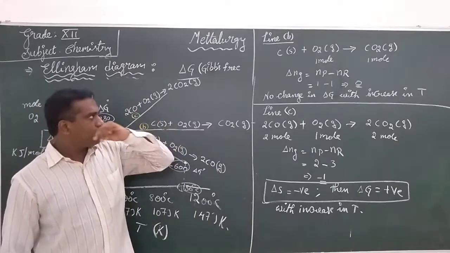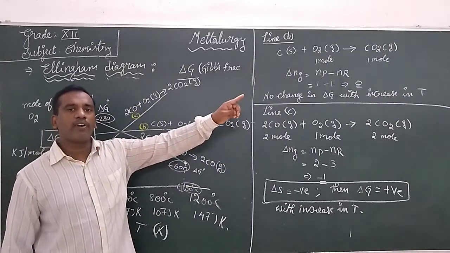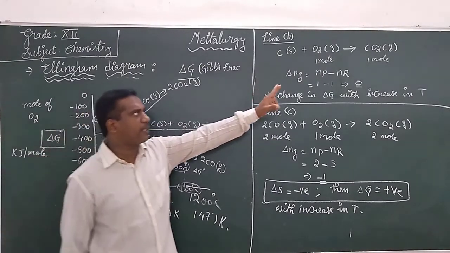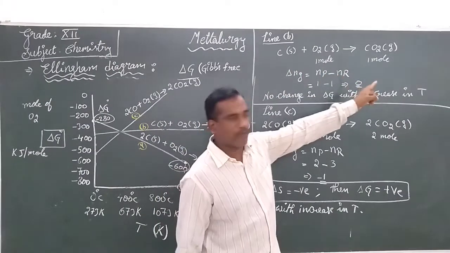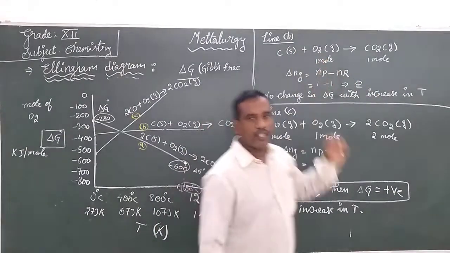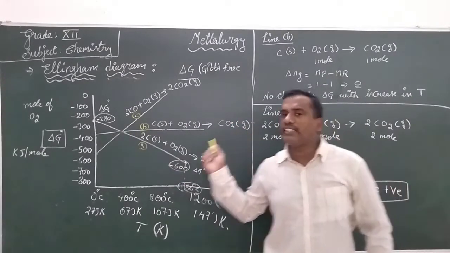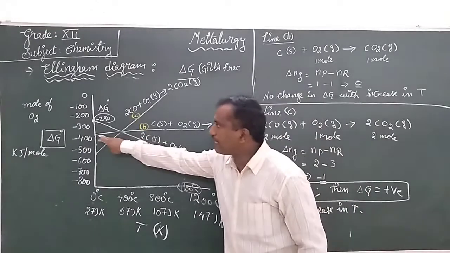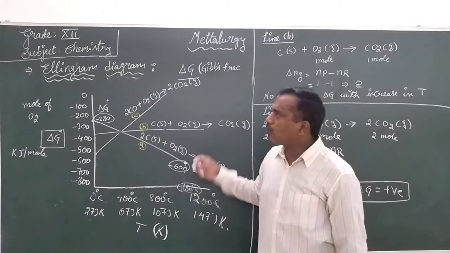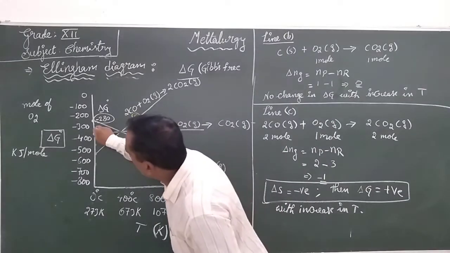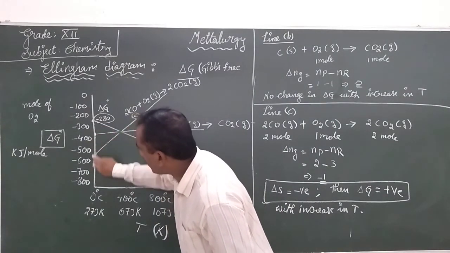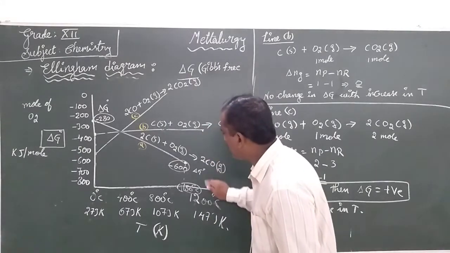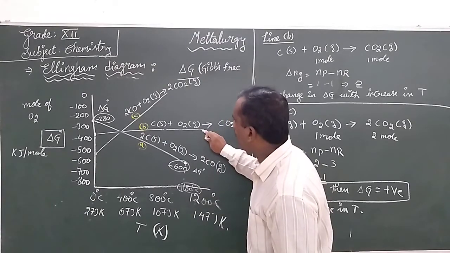Can you study the change in number of moles of gaseous substances? The equation was given here for line B. Why is this line B a straight line, when compared with the previous line that went down? Can you observe? Here the delta G is around minus 380, and at the end of the reaction you can find the same, minus 380.